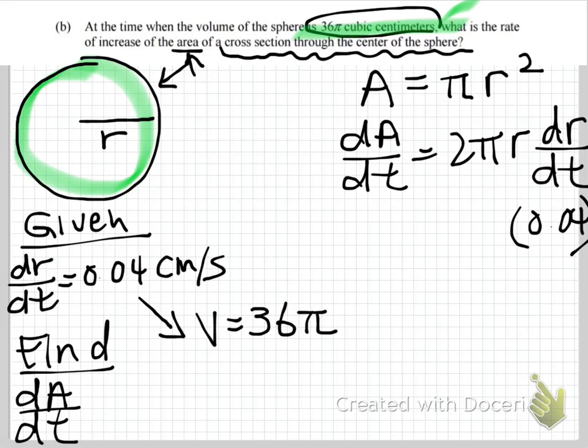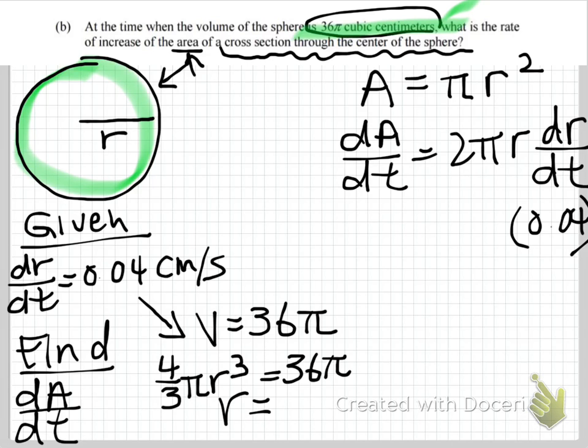I also know that the equation for the volume is 4/3 pi r cubed, so that equals 36 pi. Oh, wait a minute, if I have this left side and the right side, I can figure out r. And the answer is that r equals 3. Hopefully that's what you got.